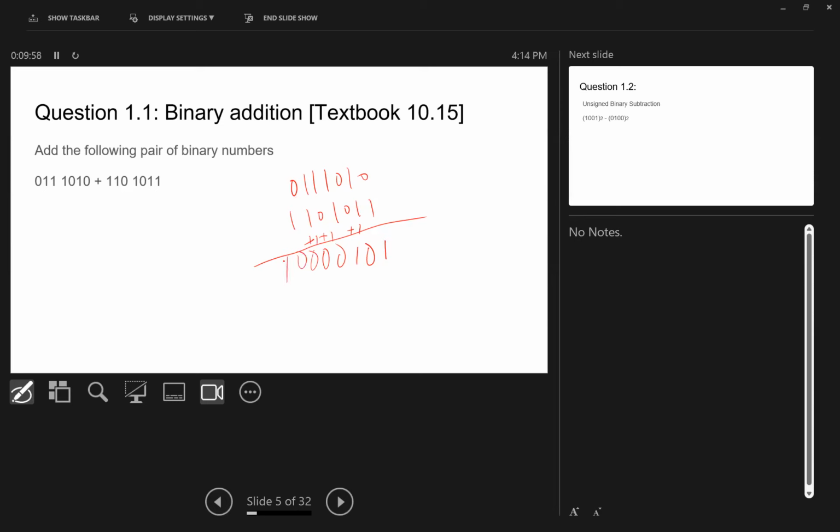Okay, is it clear? So you can do the verification by transforming these 2 binary numbers back to decimal, then do the addition in the decimal domain, and then transform the decimal result back to binary numbers to do the validation, right? Is it clear?